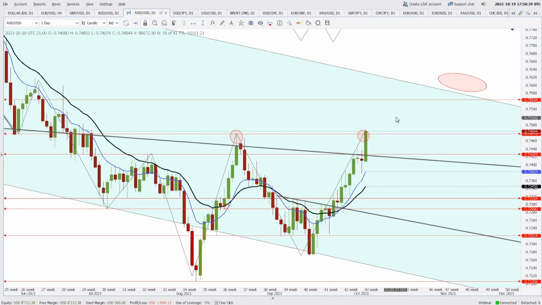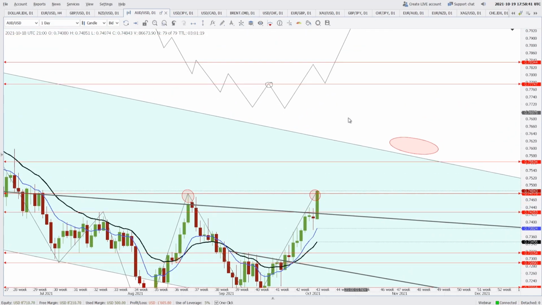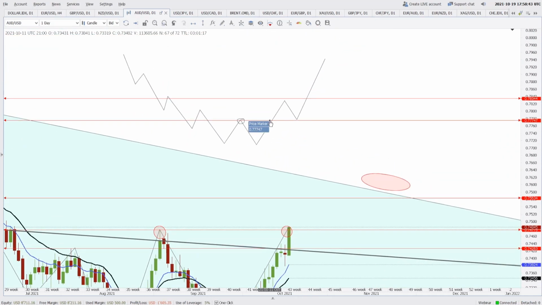Now what we have to wait for is, this should be somewhere here, because this place is this place. Now what we are expecting is price to go high, come back to test this level as a fresh support, and then push higher. So this will be your area of interest.